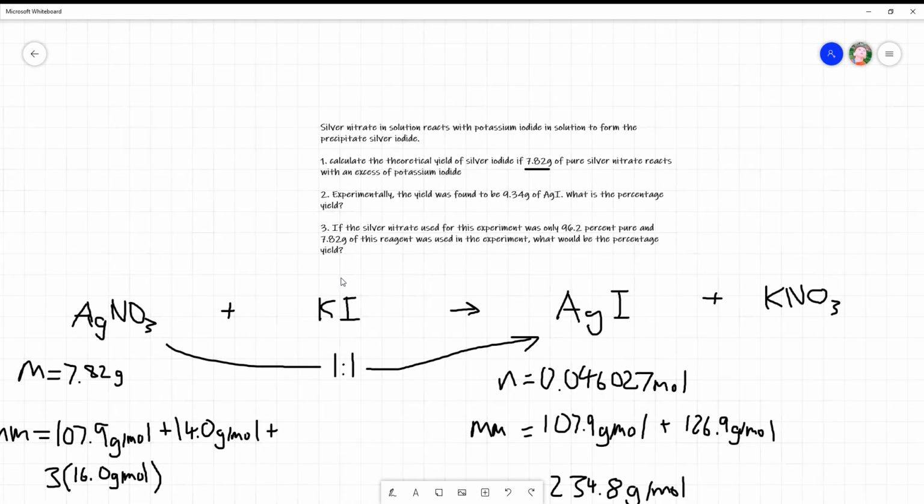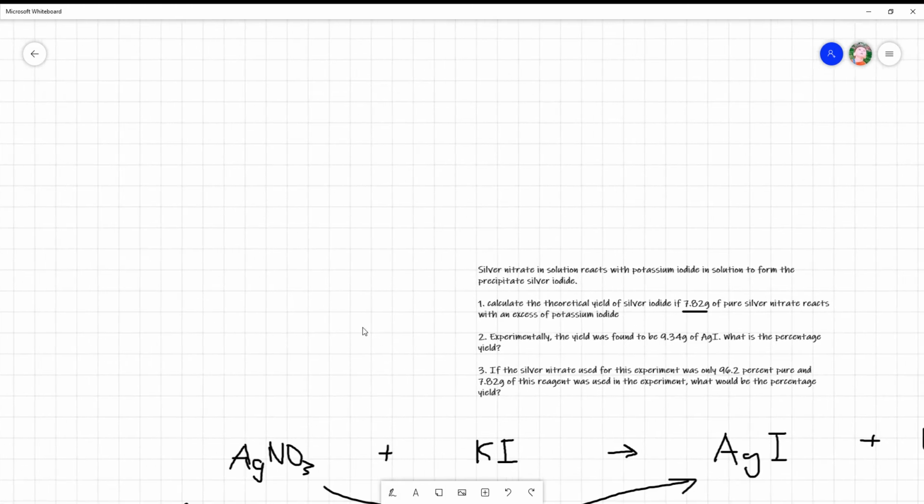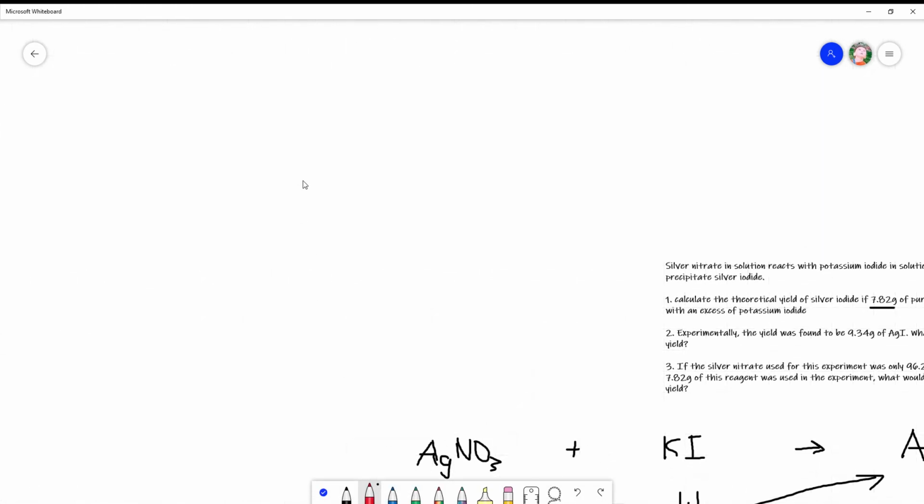Now in the second part of the question, it asks, experimentally, the yield was found to be 9.34 grams of silver iodide. What is the percentage yield? So the percentage yield can be calculated by taking the experimental yield and dividing it by the theoretical yield.